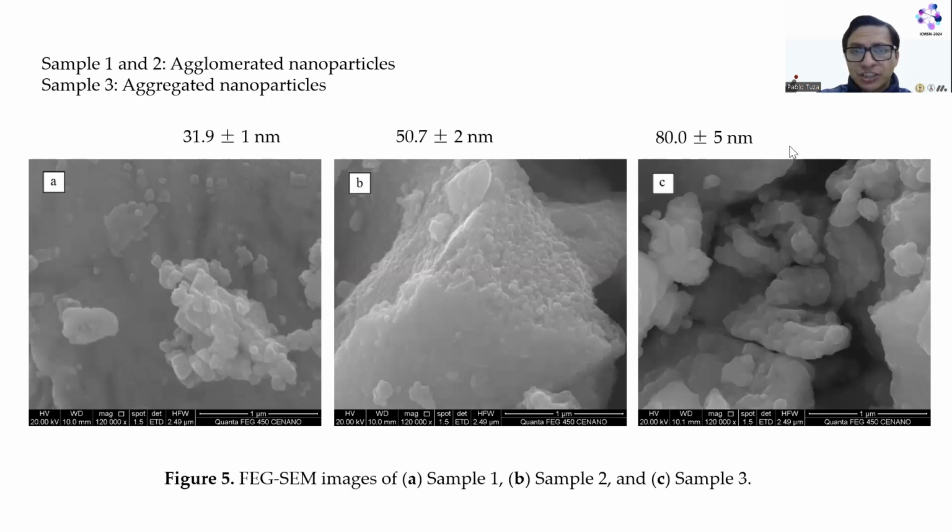By using the ImageJ software, it was determined that the mean particle size was 31.9, 50.7, and 80 nanometers for sample 1, sample 2, and sample 3, respectively. These results are in accord with the average crystallite size determined using X-ray diffraction results from each as prepared sample.